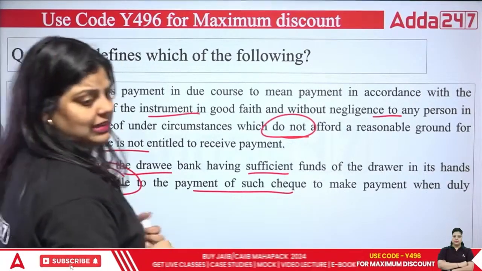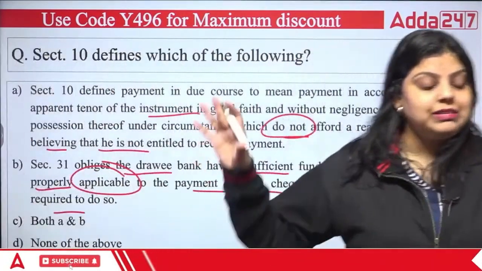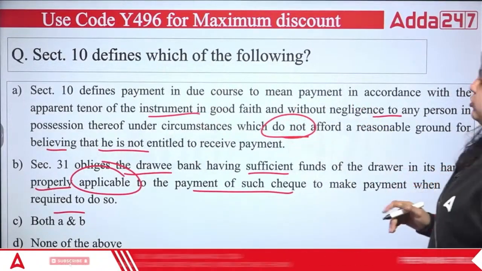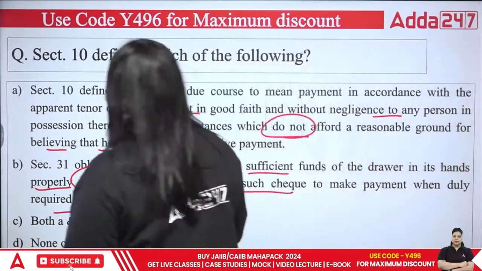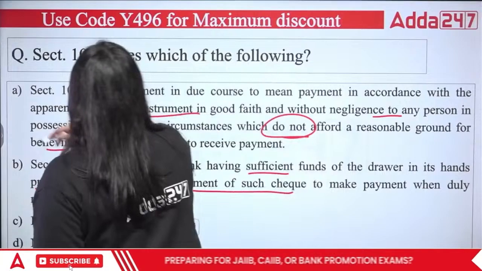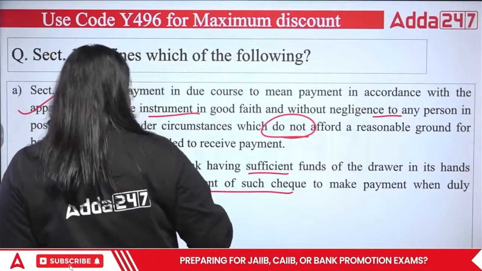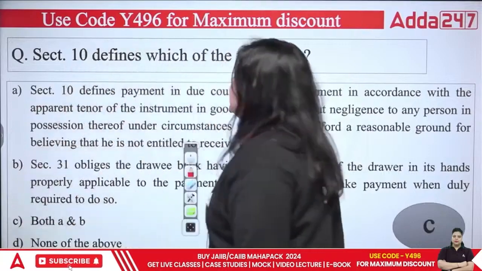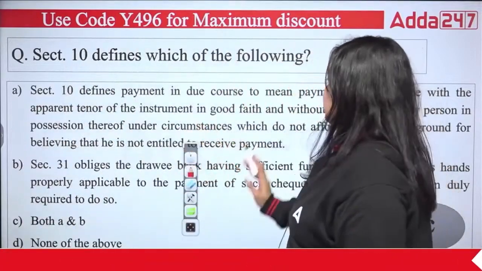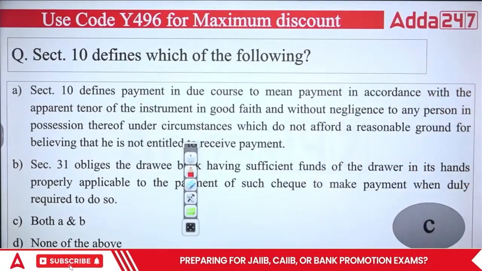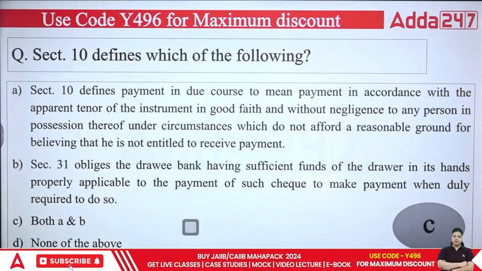Okay, so which of the following is correct here? We are talking about section 10. Section 10 is talking about payment in due course, meaning payment in accordance with the apparent tenor of the instrument in good faith and without negligence to any person in possession thereof, under circumstances which do not afford a reasonable ground for believing that he is not entitled to receive payment. So section 10 talks about that, that's why it's correct.